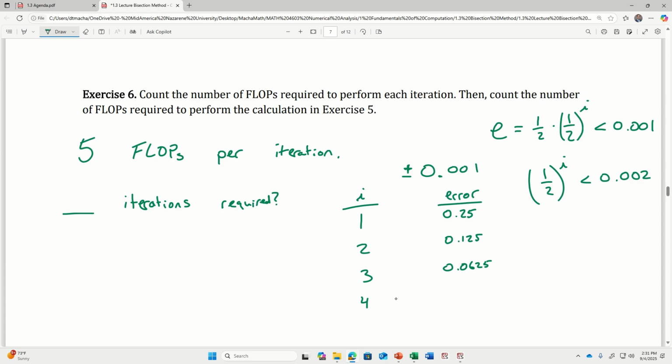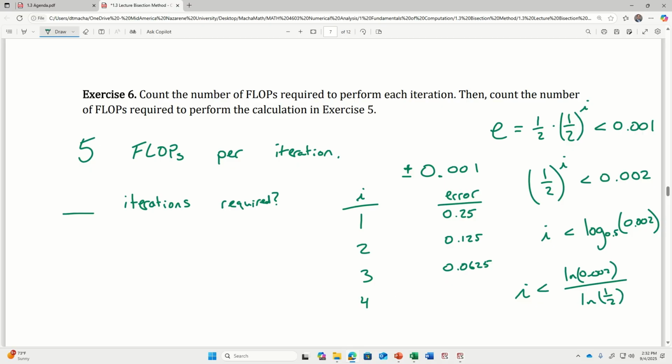Then, I've got 1/2 raised to the I power is less than 0.002, and to solve for I I need to take the logarithm base 1/2 of both sides. And the logarithm base 1/2, if you remember your logarithm rules, is going to be the natural log of 0.002 divided by the natural log of half.